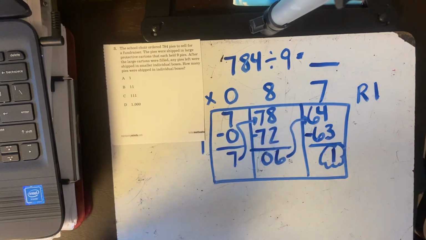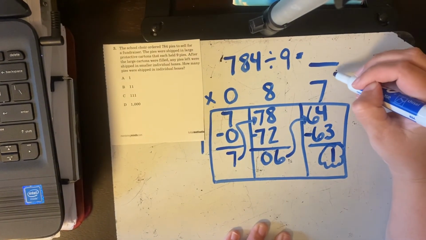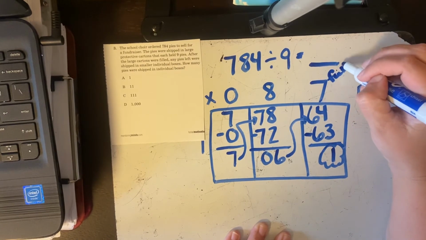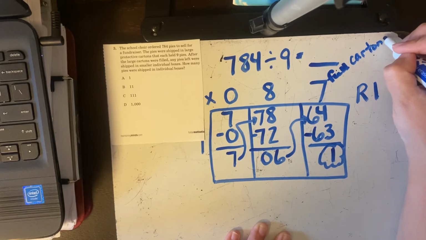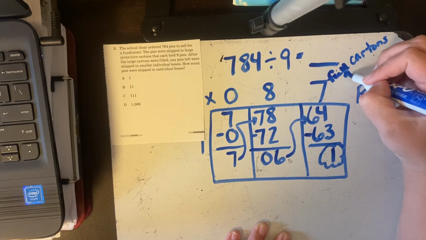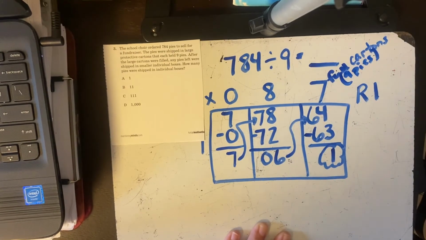So our 87 represents that there are 87 full cartons, and that means those full cartons had 9 pies inside of them.